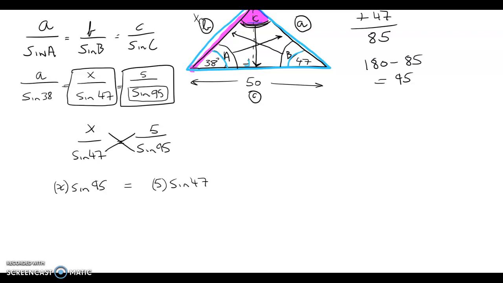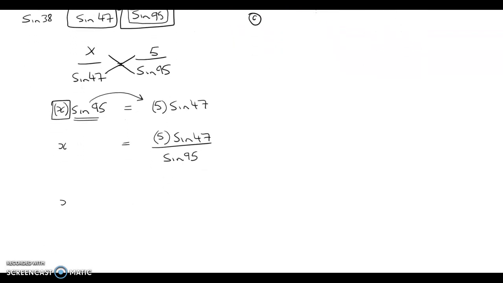Remember, we're looking to get x on its own, so we need to move this sine 95 over here. At the minute it's multiplying by x, so if you move it to the other side, it will divide. Type that into the calculator and we will have an answer. We'll do that in a moment, but we will have what x is once you type that into the calculator.